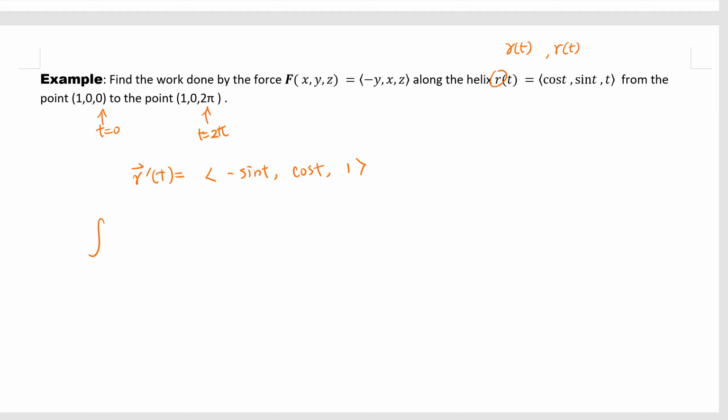And now we're ready because the line integral equals, t goes from 0 to 2 pi, F: minus y, we have y is sine t, x is cosine t, z is t, dot product with our velocity, dt.